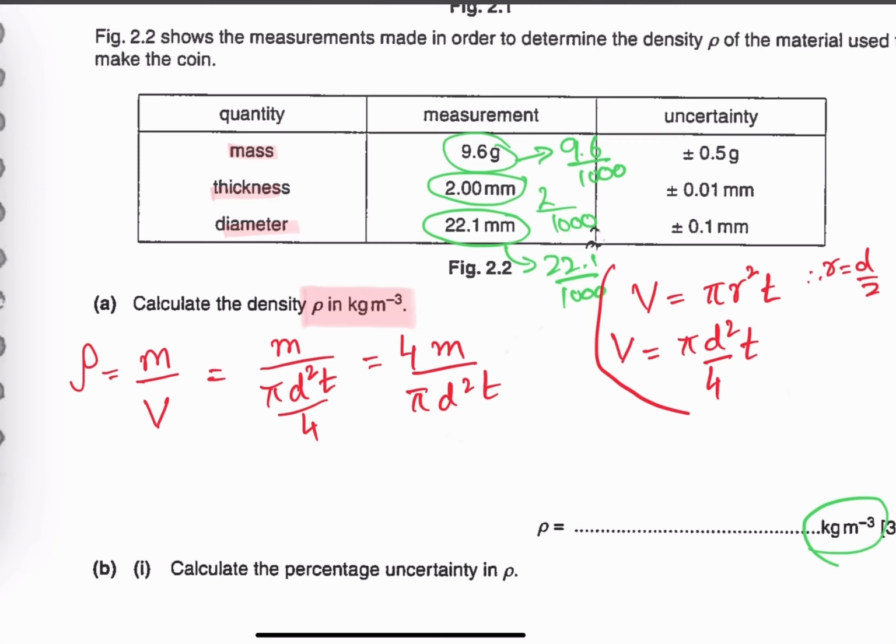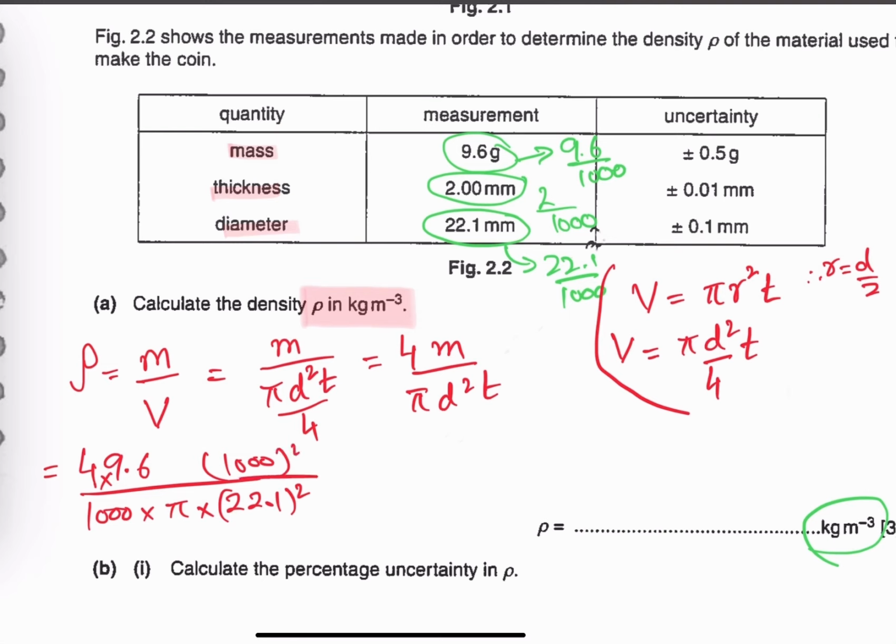Putting the values, we get 4 into mass, which is 9.6 divided by 1000, and I'm going to put the value of pi, and d squared is basically 22.1 squared, and 1000 will go above.